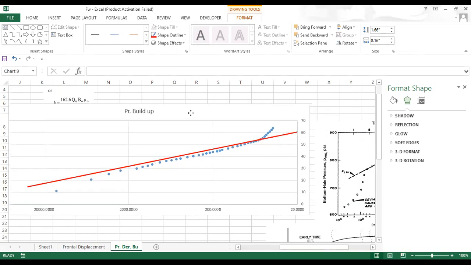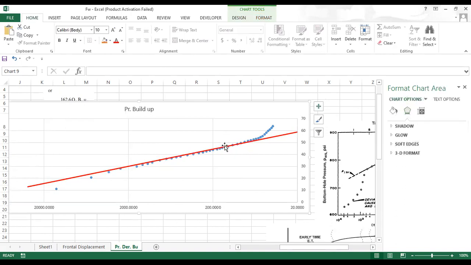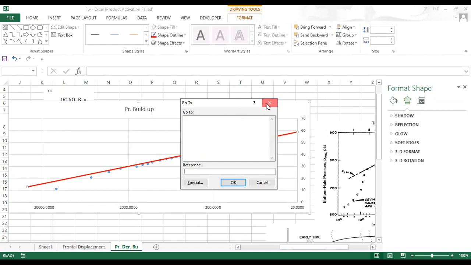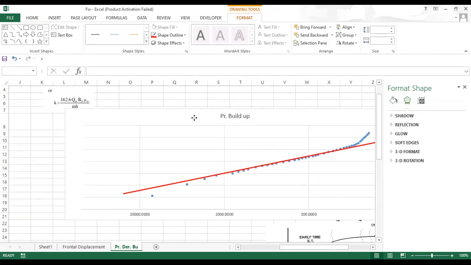So first of all, we need to match this, and I'm going to club these two as a group. Then I can move this graph.